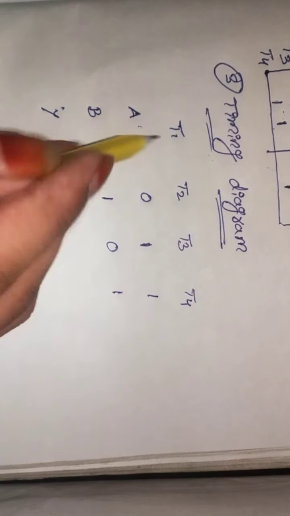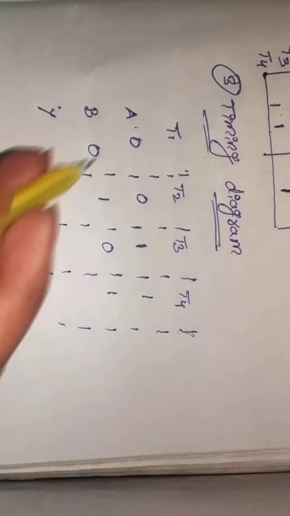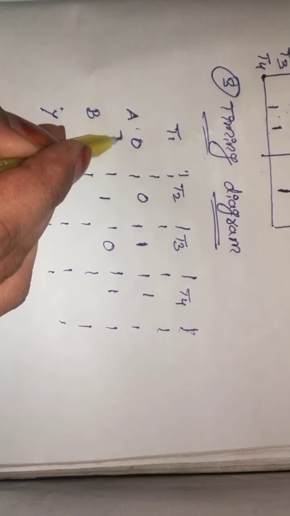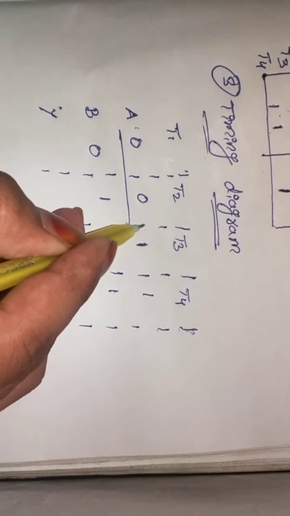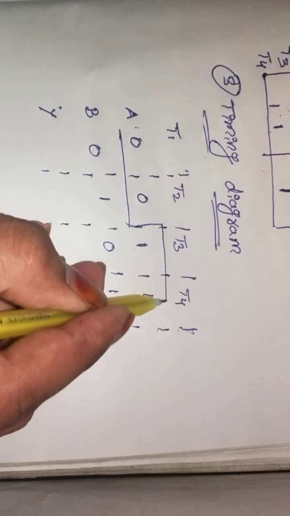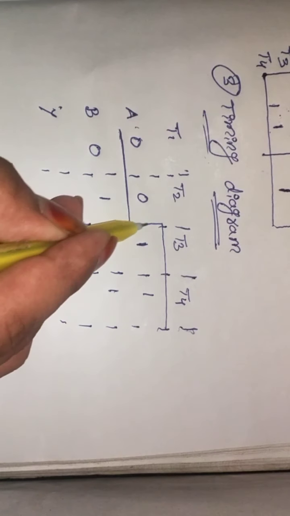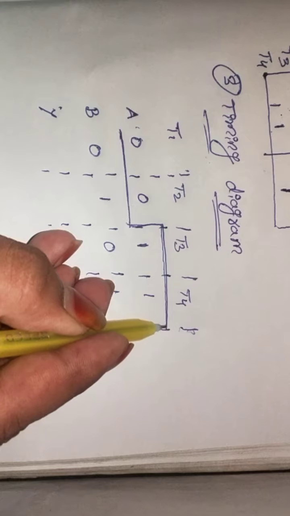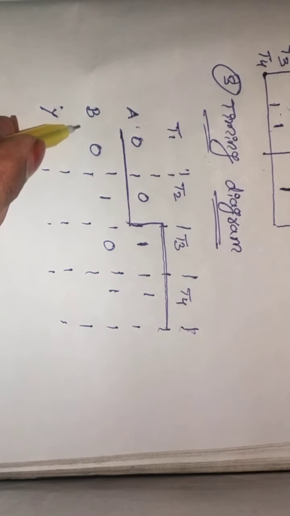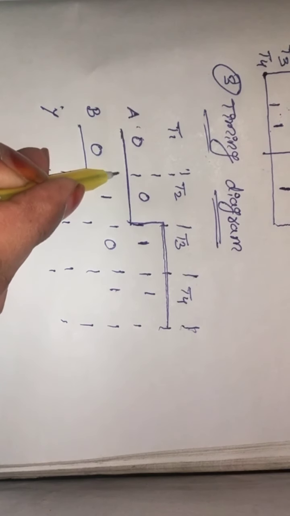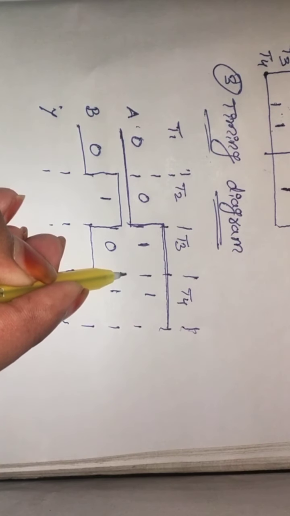Then we get the timing diagram, which has a low level and a high level. 0 occurs as low level, so for A the diagram has 2 downs, then 2 ups. Downs means lower level, ups means higher level. Similarly, B goes low, high, low and high.